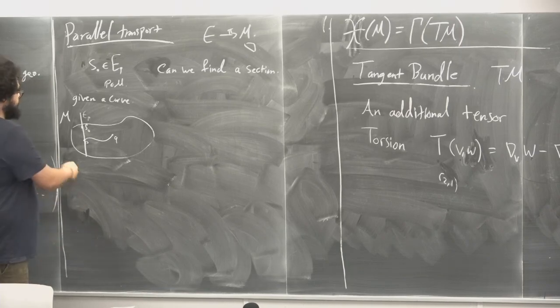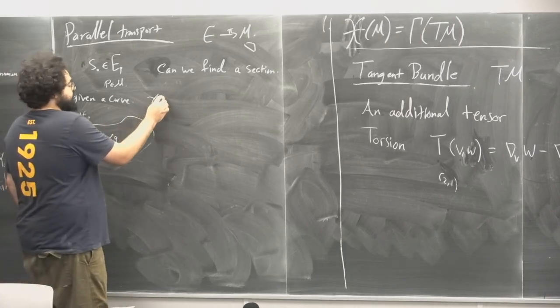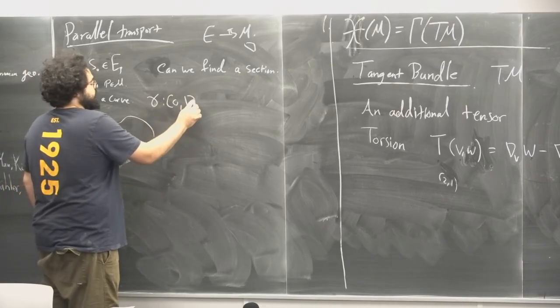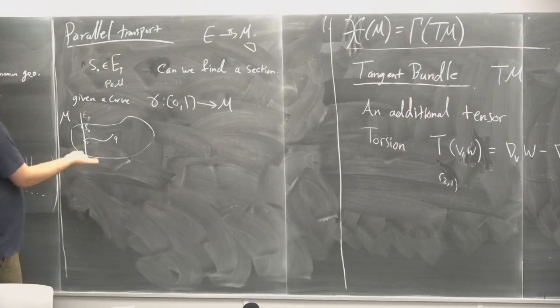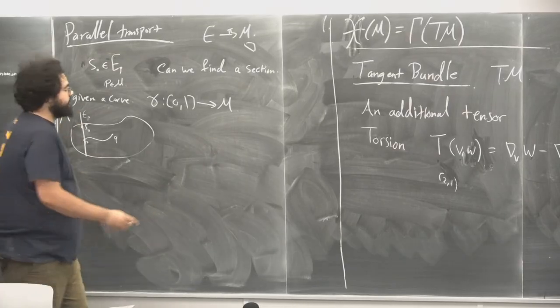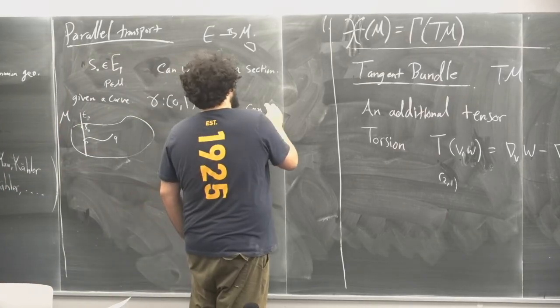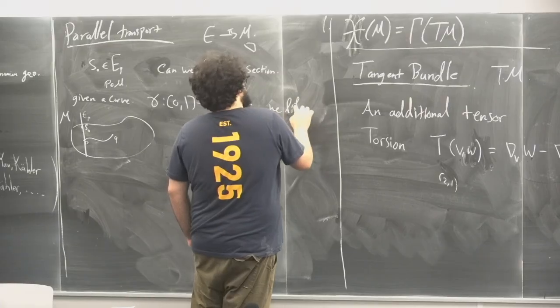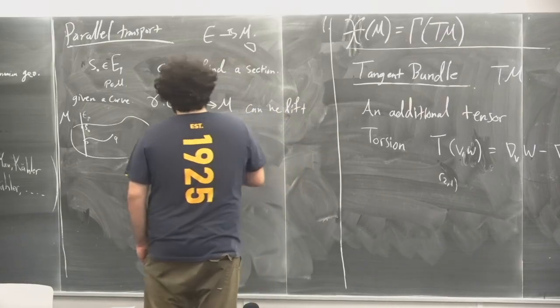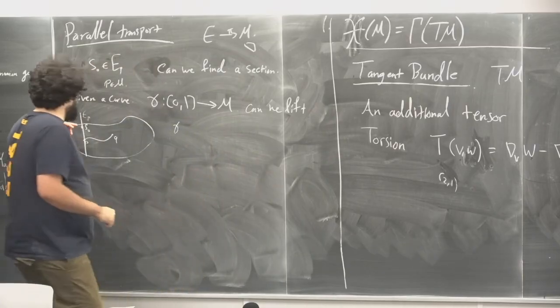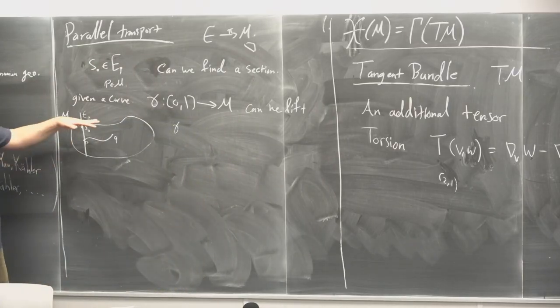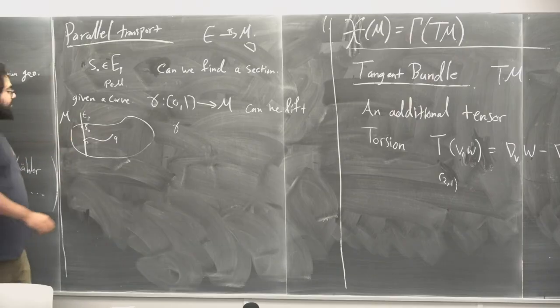So the question is, given this curve gamma from [0, 1] to M, can we lift gamma in a very special way, in the sense that it's going to be what we call horizontal?